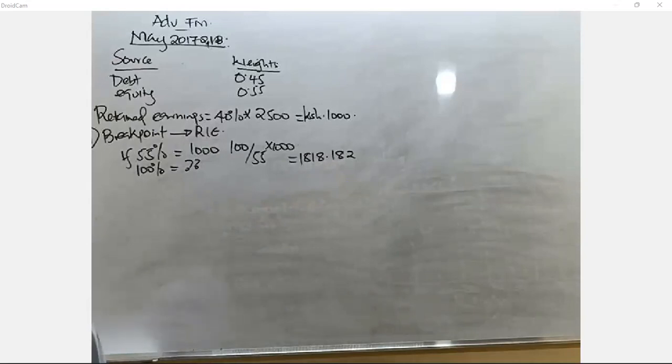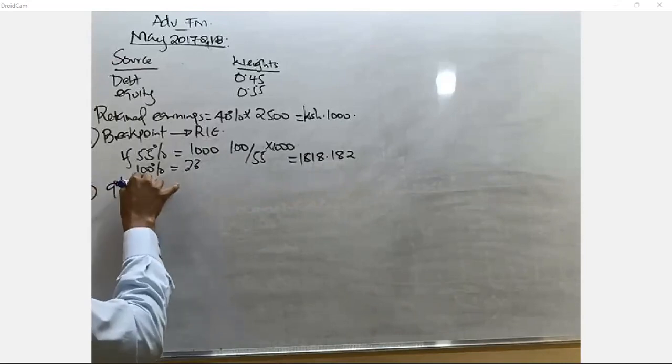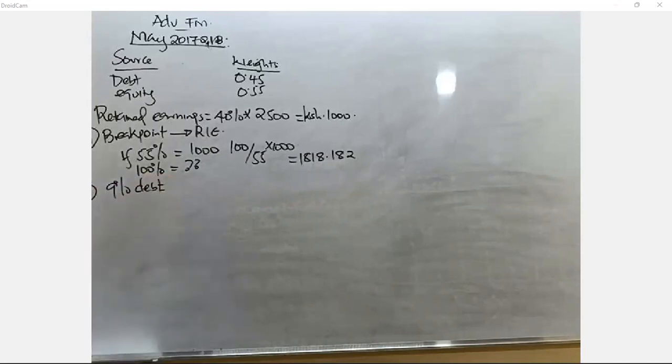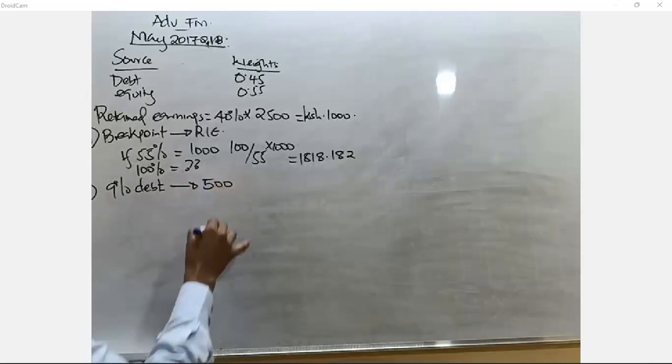Then I can also see where we are being given some breakpoints regarding the loan amount. We have an incremental loan, debt of 9%. So on number 2 here, the breakpoint of 9% debt. You can attest that if 9% debt is giving you 500, this 500,000, what if you utilize it fully?